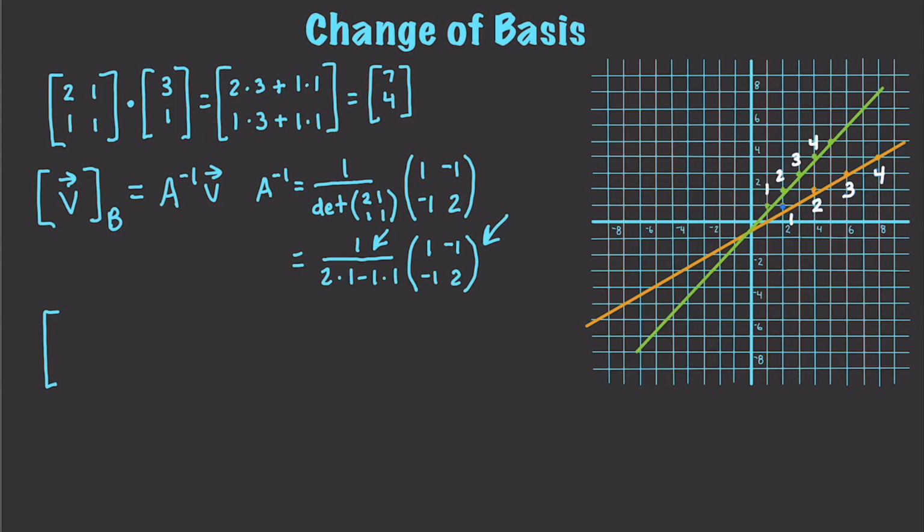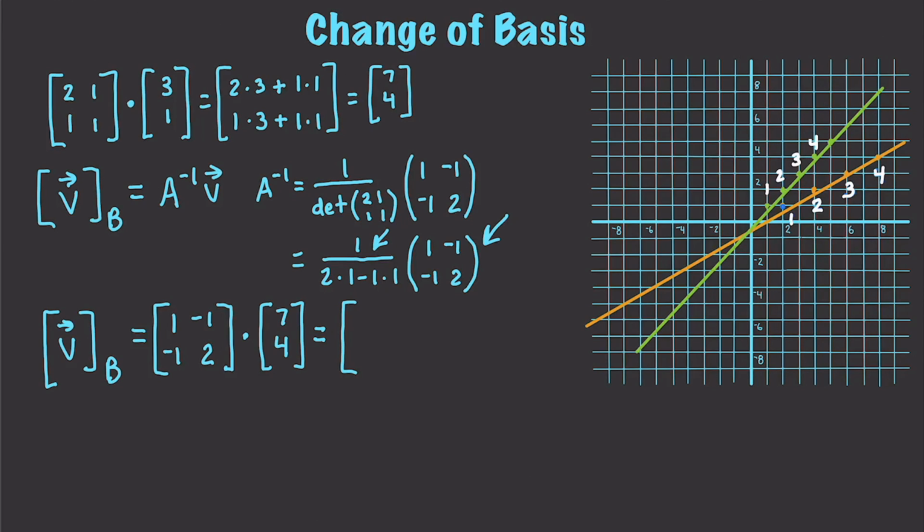Well, that means that our vector in our new basis is going to be equal to 1, negative 1, negative 1, and 2, there's the inverse, times 7 and 4, which is the standard basis location for it.